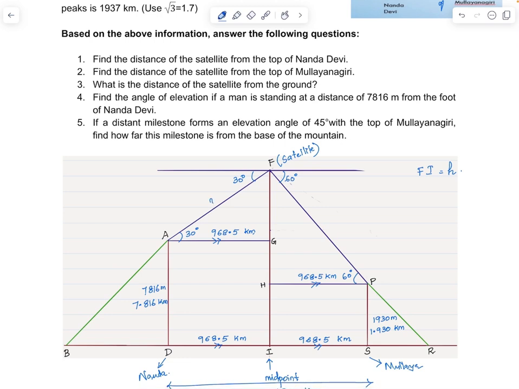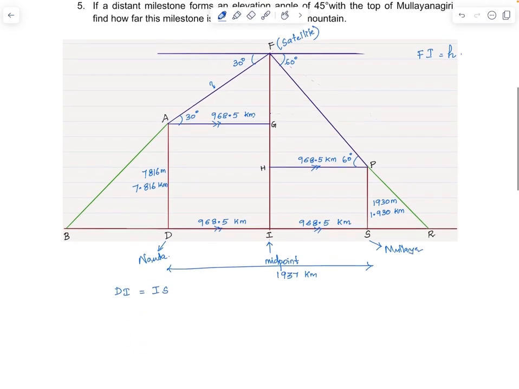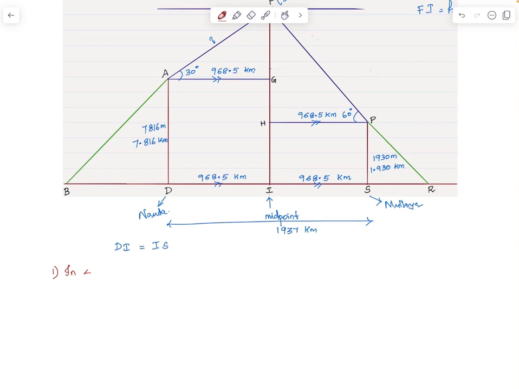Question 1. Find the distance of the satellite from the top of Nanda Devi. That is, we have to find out AF here. So let's work with the triangle AFG. In triangle AFG, since we know one angle and an adjacent side, we'll go in for cos ratio. Cos 30 is equal to AG upon AF.